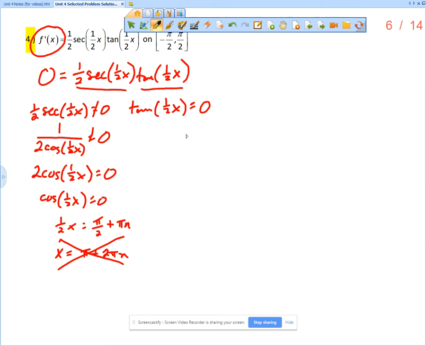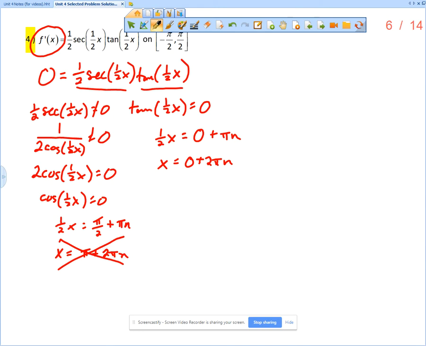When does tangent equal 0? Remember, tangent is sine over cosine. So it equals 0 when sine is equal to 0. So that is at 0, pi, 2 pi, 3 pi, and so on. So 0 plus pi n. And so now I'm going to multiply this by 2. So I get x equals 2 times 0 is 0 plus 2 pi n.